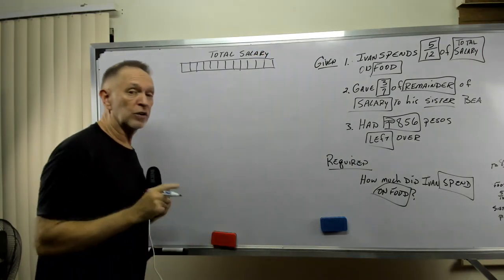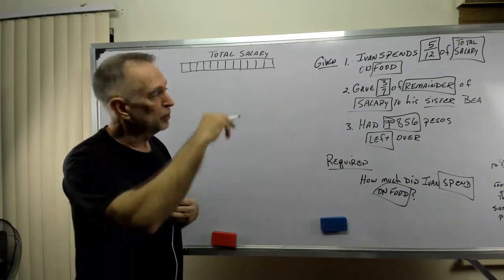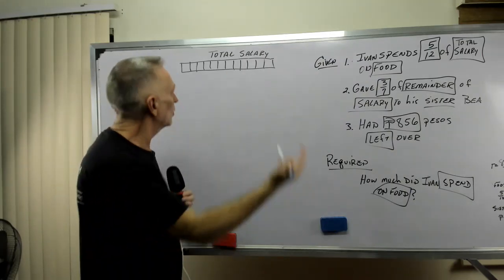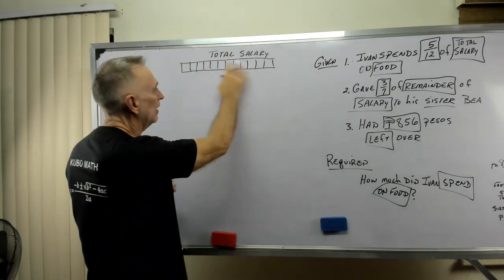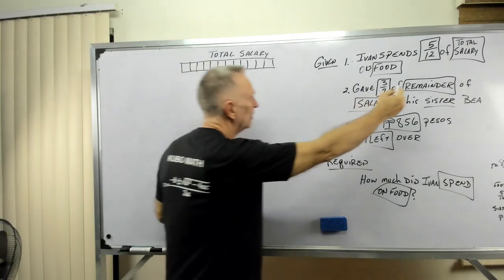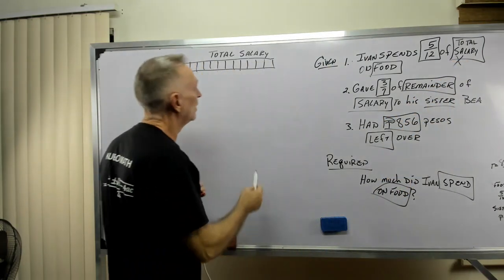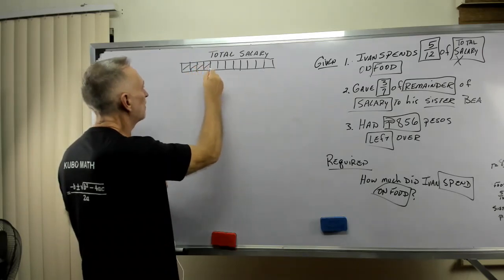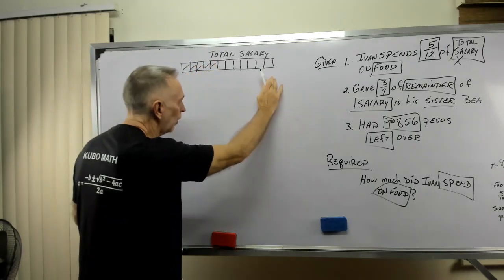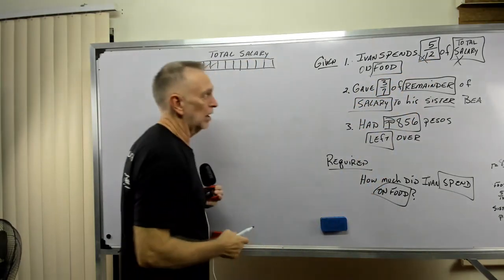And what you're going to notice is each of those words that we put a box around are going to end up right here. So right now, which block do we have? We have that one, right? Total salary. And we actually have 1, 2, 3, 4, 5 of 12.